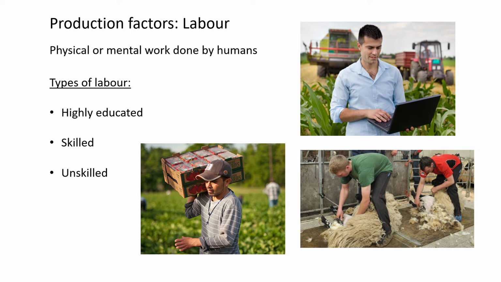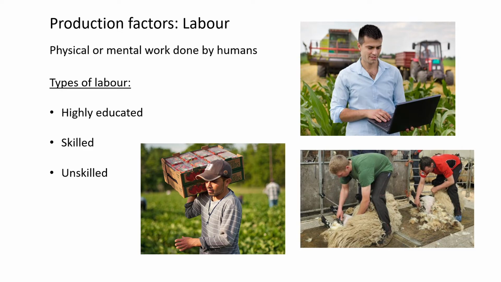You do need some kind of skill. Somebody must have shown you what to do, how to use a shearer, and then also how to handle the sheep so that the sheep does not get hurt. So this then is skilled labor. Again, it'll get a little bit more money than somebody who never trained to do anything, but this person will get less money than, say, a highly educated person.